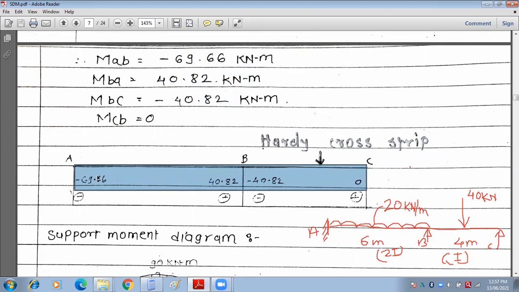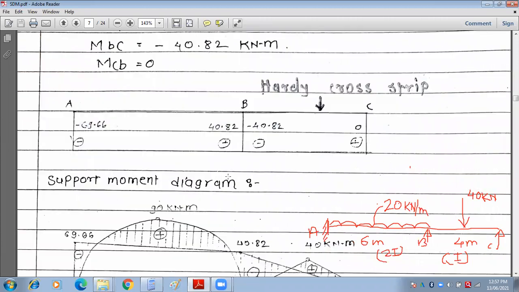Same type of moment, write down at support A, B, C. This term is minus 69.9, this term is plus 14.8, and this term is 0, and it will be represented like this.